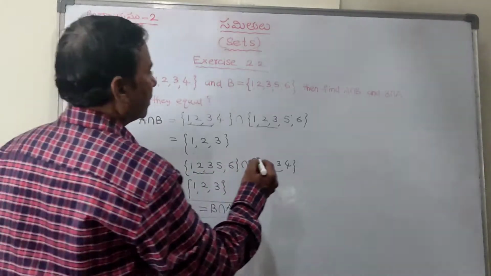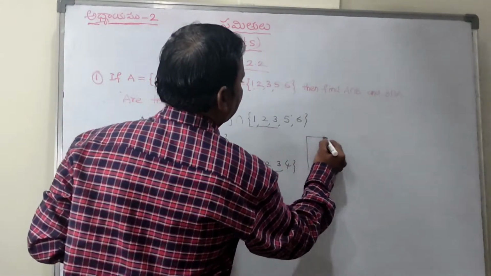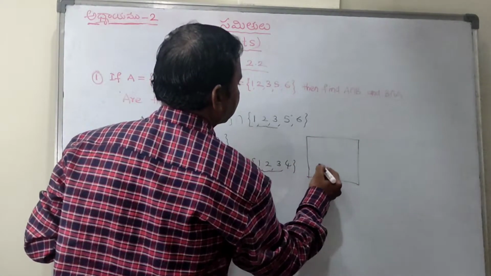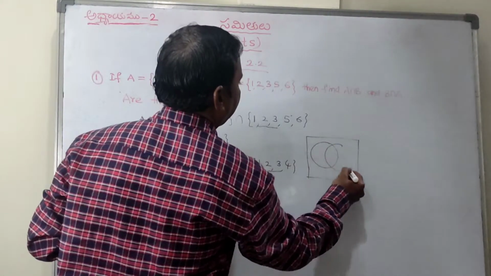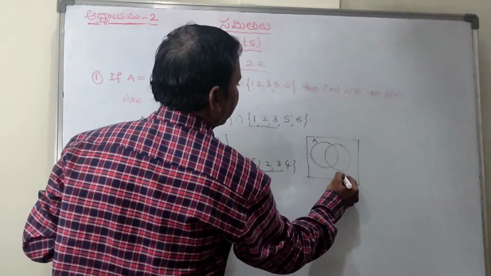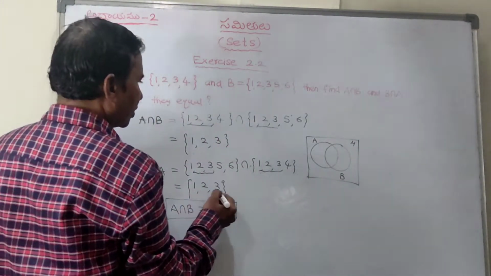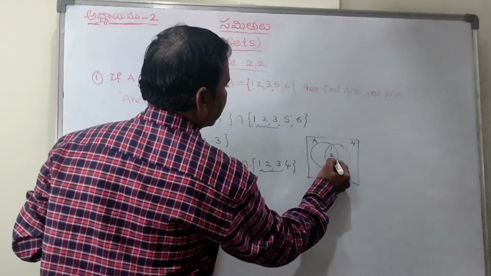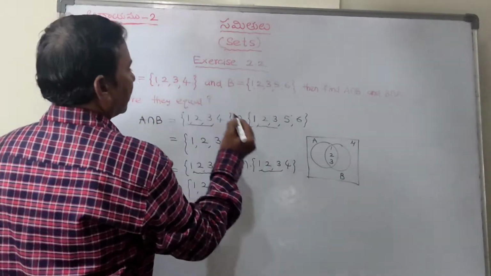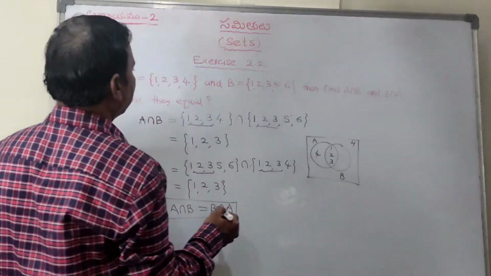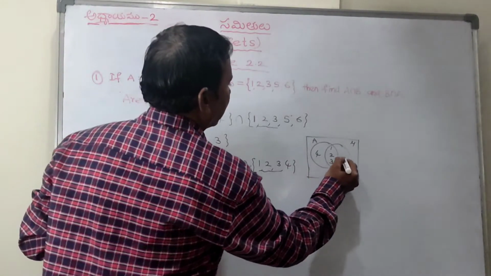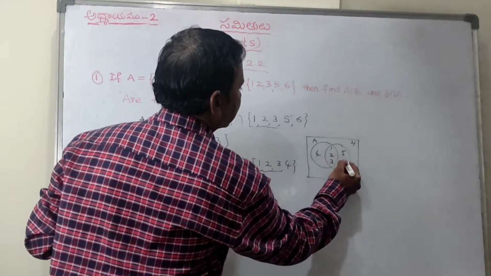So this one you can show by the Venn diagram like this: A, B, mu. Common elements 1, 2, 3. The remaining 4 here in the first set A, and in the second set 5, 6.